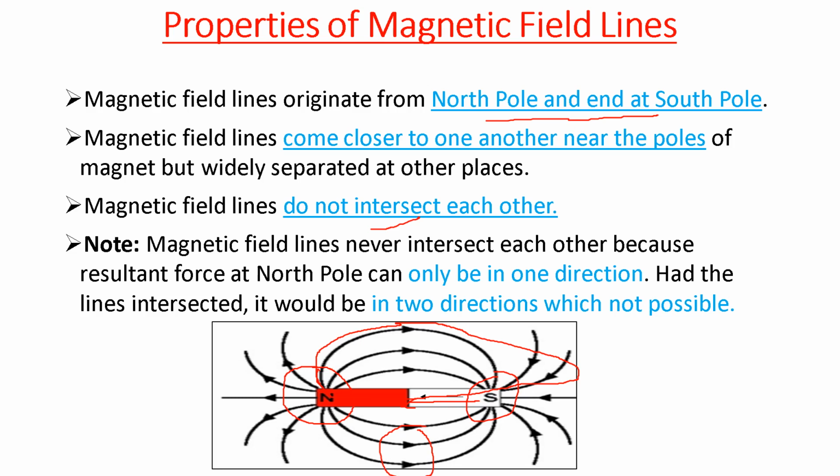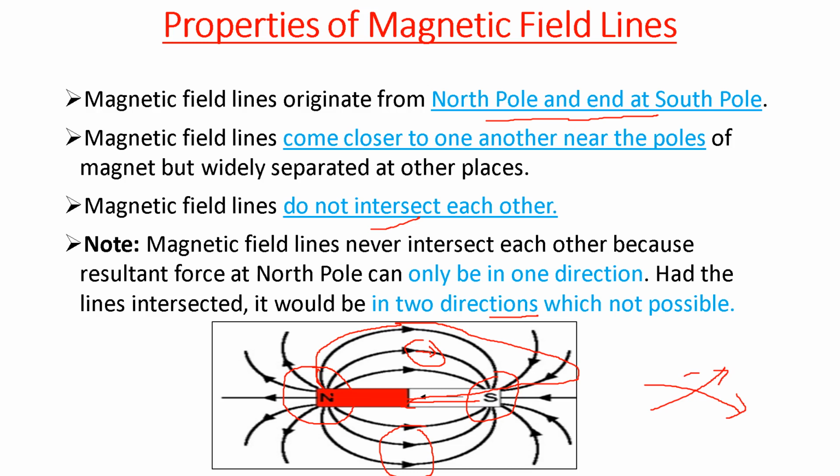Why? Because if magnetic field lines intersected each other, there would be two directions at that point. Like in the previous figure, if a magnetic compass is placed here, it will point in this direction, which gives the direction of the magnetic field line. If the magnetic lines were intersecting, suppose two lines are passing like this, there would be two directions at this point.